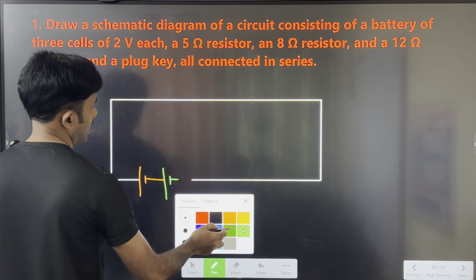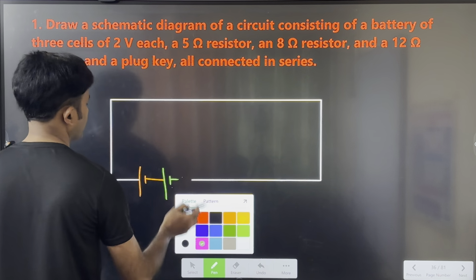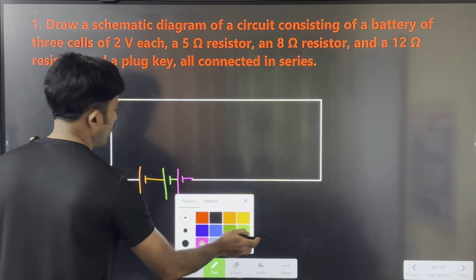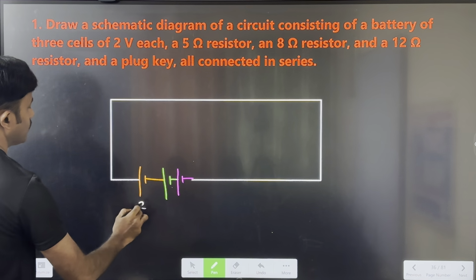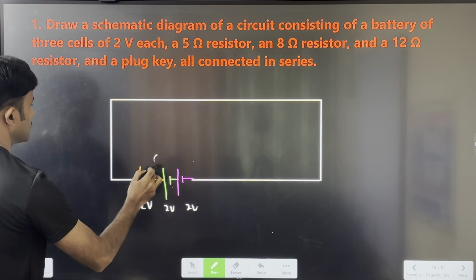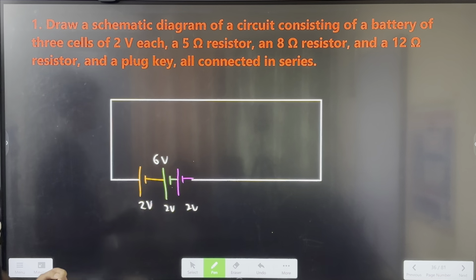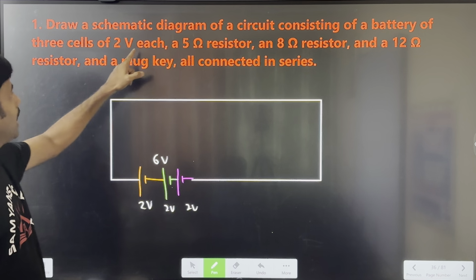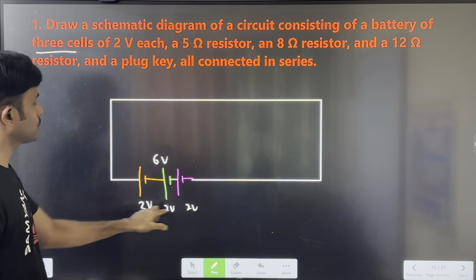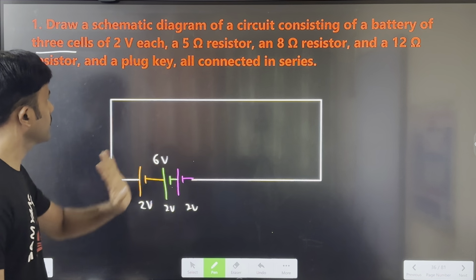So we have 3 cells, each with 2 volt, 2 volt, 2 volt. Total it will be how much? 6 volt. Clear up to here? Each has 2 volt, and like that we have the 3 cells, which means the total potential is 6 volt.